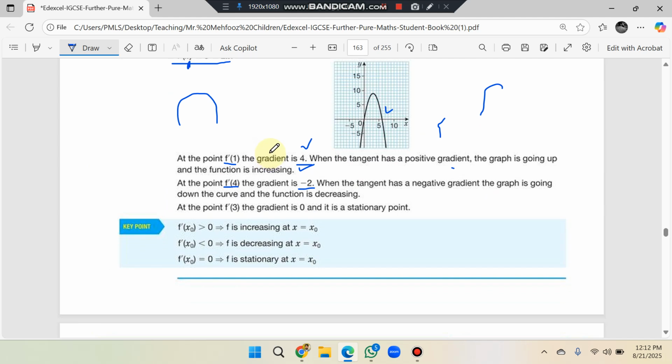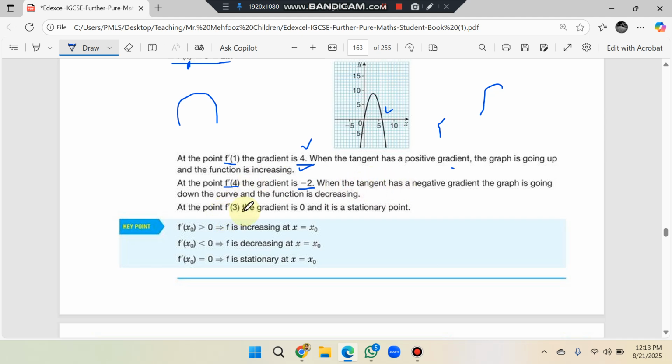If the double derivative is positive, it is a minimum point. Do you understand? From the first derivative, we get information about whether the function is increasing or decreasing. From the second derivative, we get information about whether the point is a maximum or minimum.